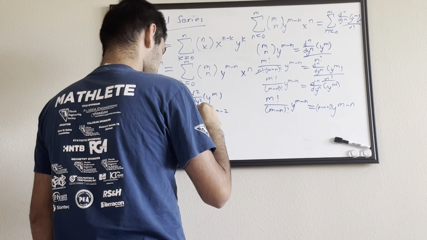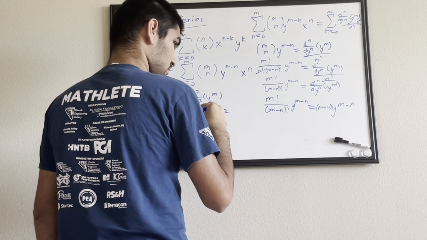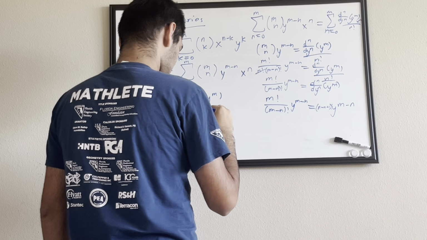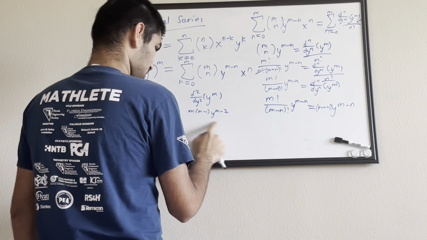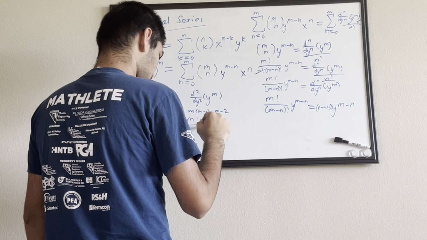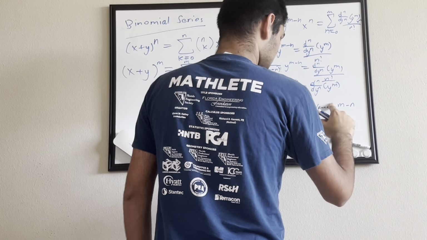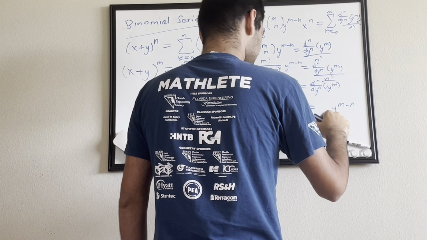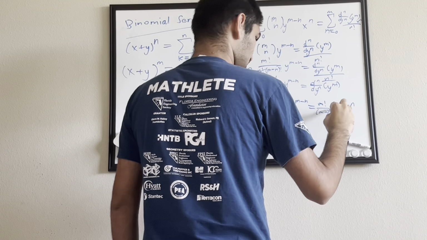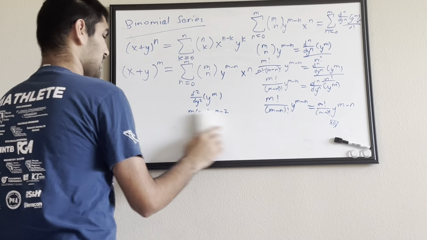So this is m minus 2 plus 1, which is m minus 1 factorial. That's not right. Well, m times m minus 1 is just m factorial over m minus 2 factorial, which is the same thing as this. So you actually do get m factorial over m minus n factorial. And then there, you proved it. Okay. So that's how you do that.